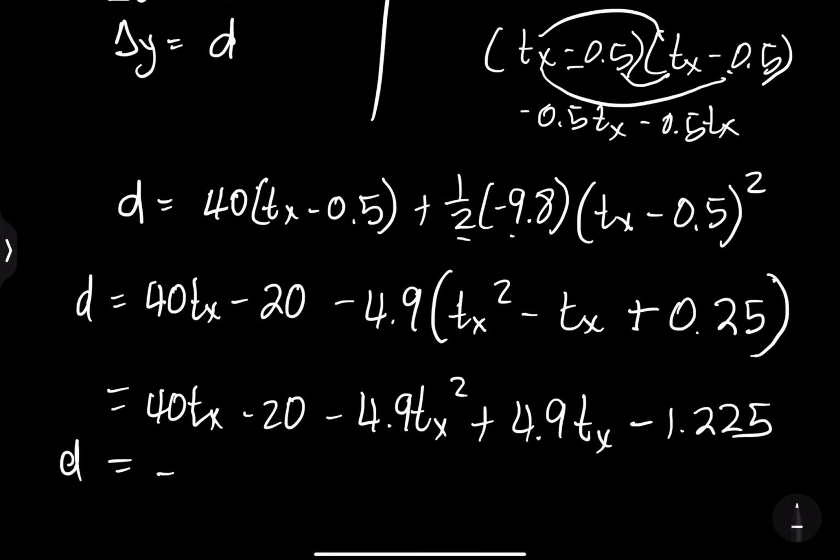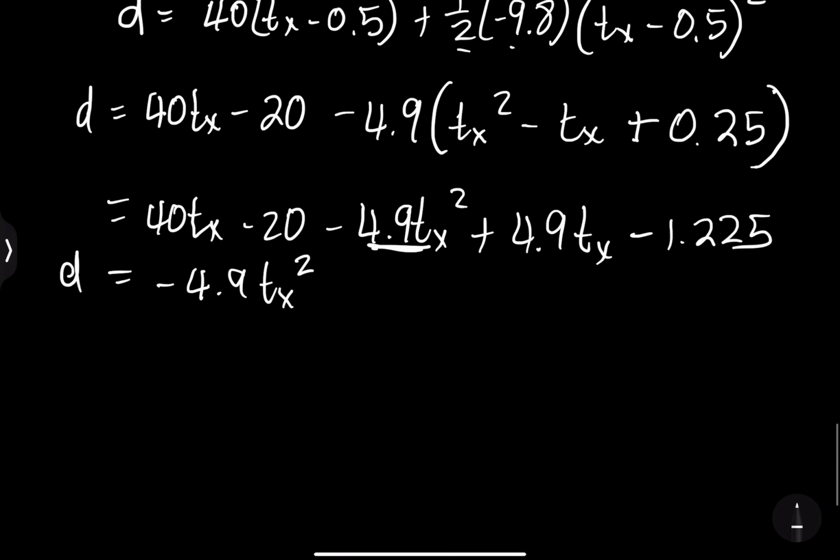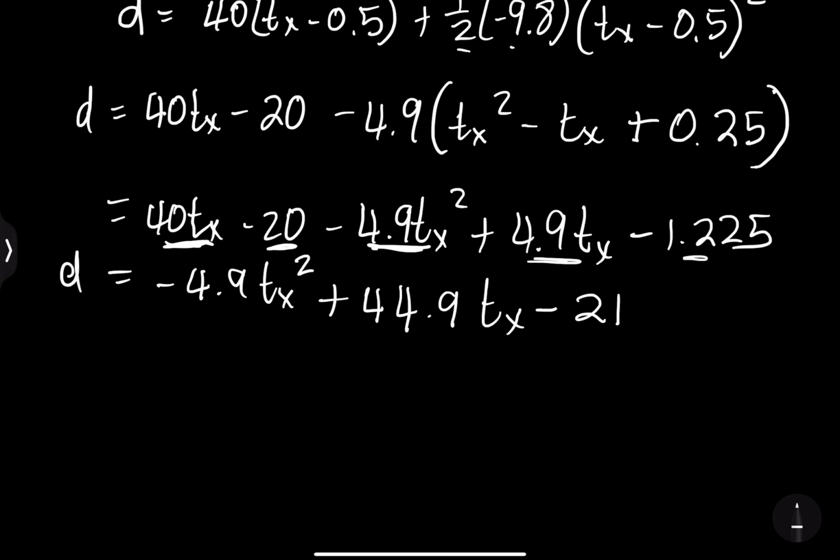Let's write it nicely. That's minus 4.9 tx squared. Combining like terms, 40 tx and 4.9 tx gives plus 44.9 tx. And negative 20 minus 1.225 is minus 21.225.